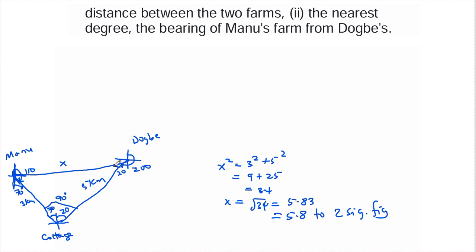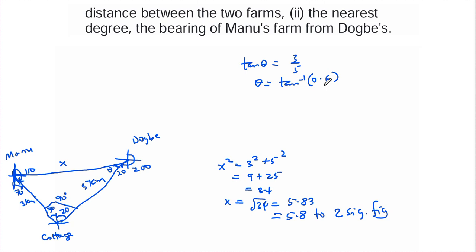So the second question says, to the nearest degree, the bearing of Manu from Dogbe. Wow, okay, we're already close. Since we already know that from here to here is 200, because Dogbe, this is the line joining them, I need to find here now, because it needs to touch this line joining both Manu and Dogbe. So from here to here is 200 plus this angle here. I can easily find this angle.